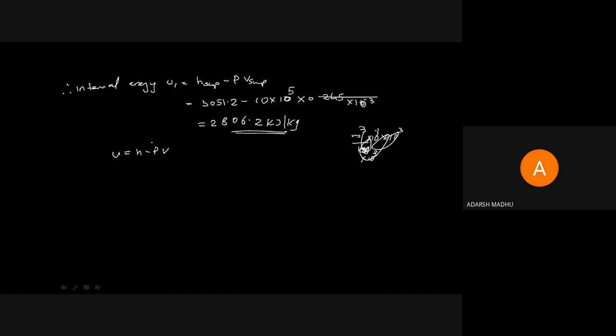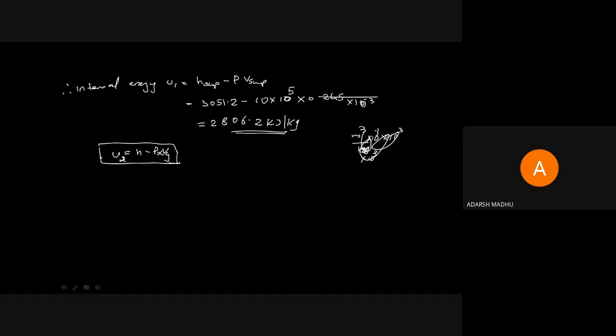You want to add the dryness fraction: H minus P into V will become X into V. Dryness fraction X is multiplied with Vg in the equation, so U equal to H minus P X Vg. For the expansion, U2 equal to H minus P into X Vg. The X value is given in the problem as 0.8.